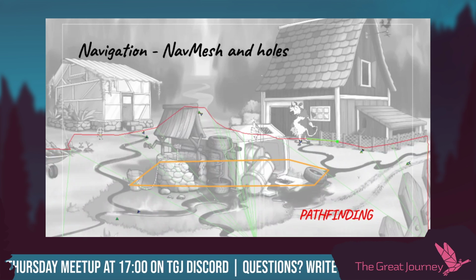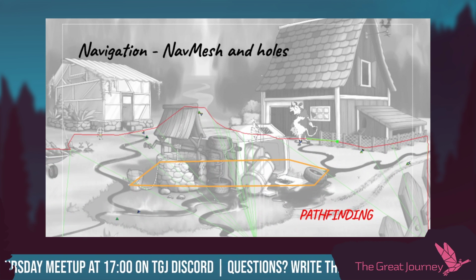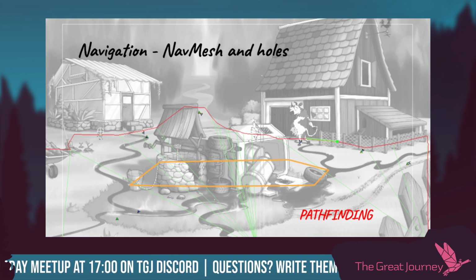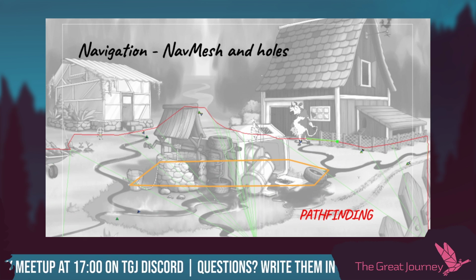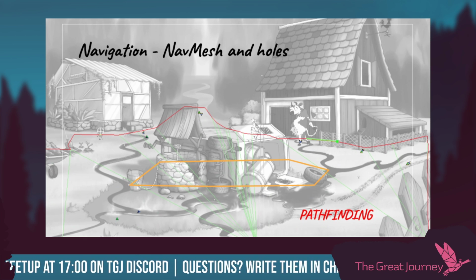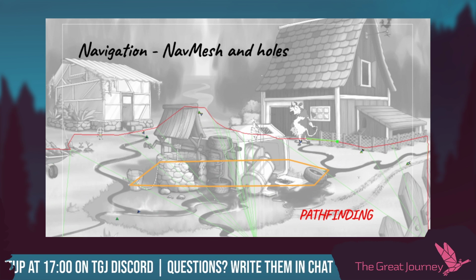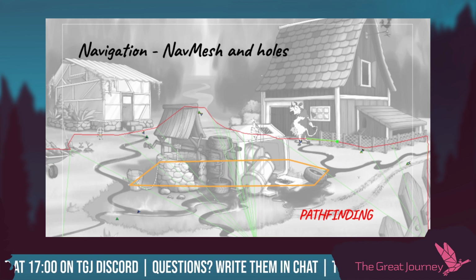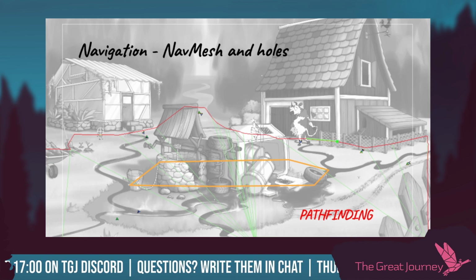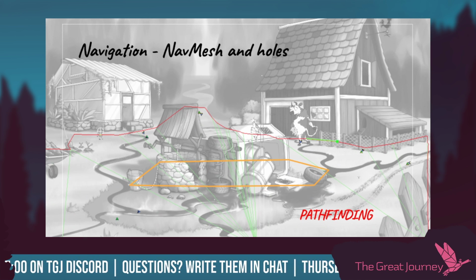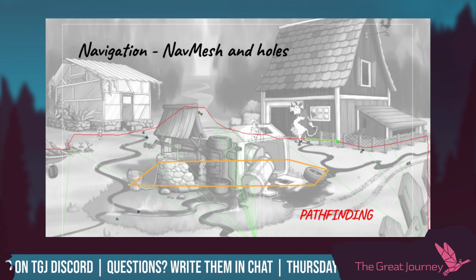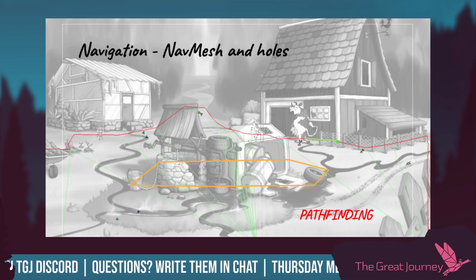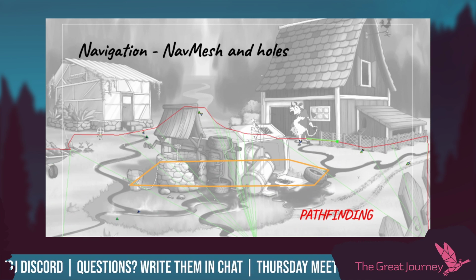To navigate in a scene, this is one of the example scenes from our game. And to navigate in a scene, you use nav meshes, which is basically a polygon collider. In this image, you can see that it's outlined with red. And also you can see there's another one that is outlined in orange, and that is a nav mesh hole.